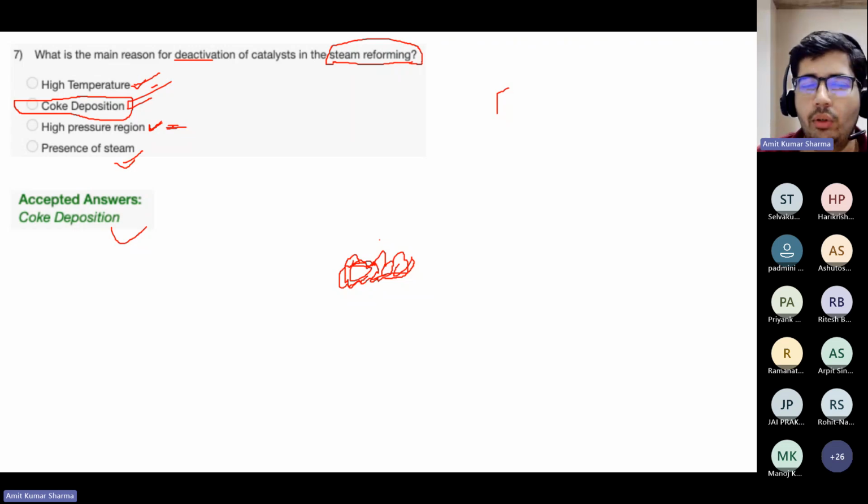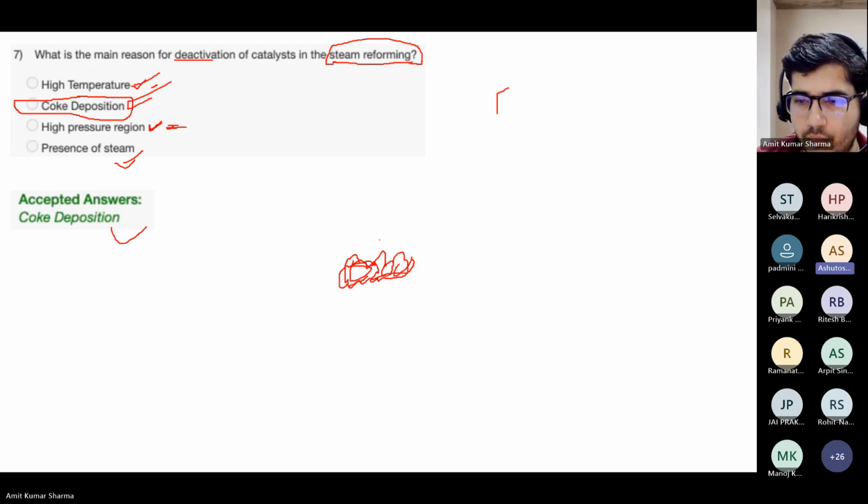And the pressure, in industry, I think it is operated around 1.5 to 2.5 megapascal. But generally, theoretically, 2-3 bar is fine also.